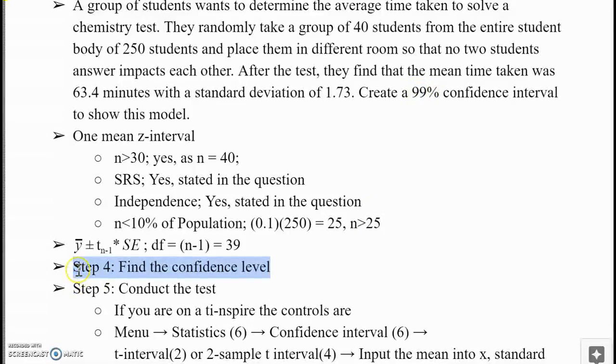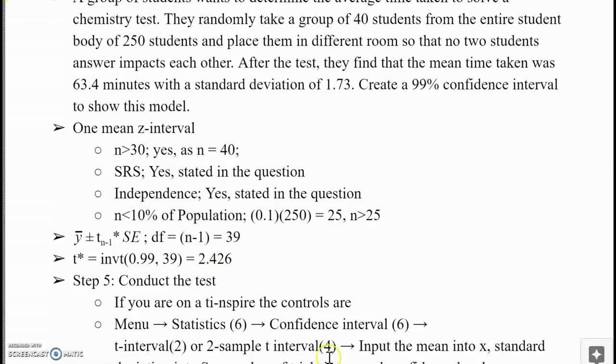So how I'm going to find this is t star is equivalent to inverse t of 0.99 comma 39. On your calculator, it comes up to a value of 2.425841. I'm going to keep it at 2.426.